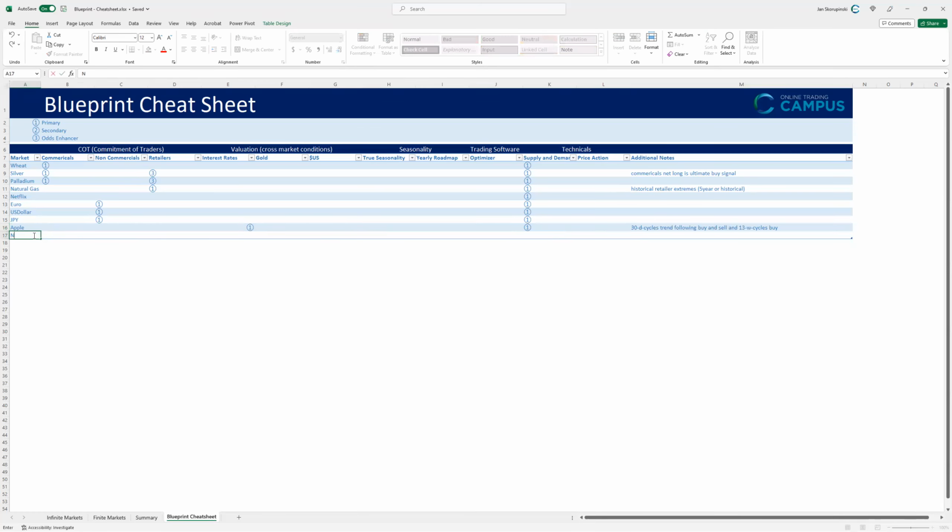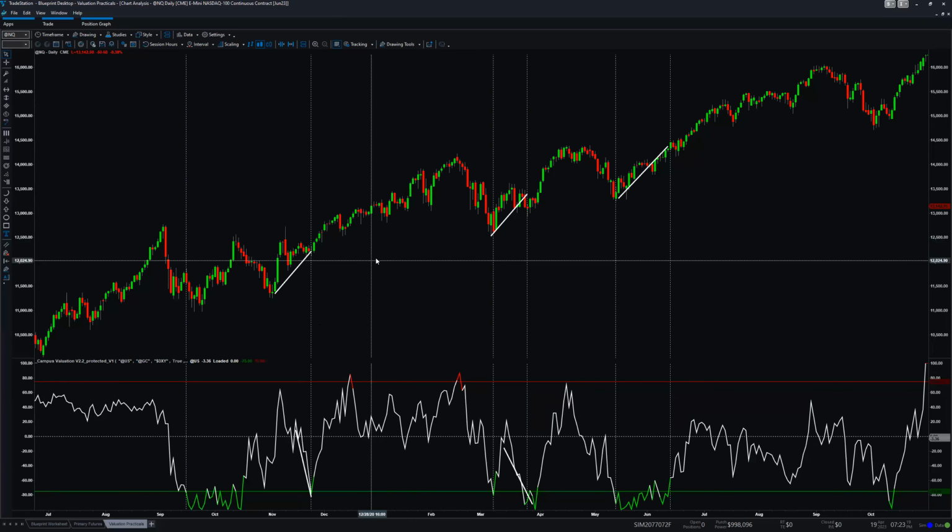But for the most part, our stocks will fall into this category. This is going to be our primary setup tool. We're going to look at 30-day cycles, trend following, and the 13-week cycles as a buy here as well, also for the Nasdaq.